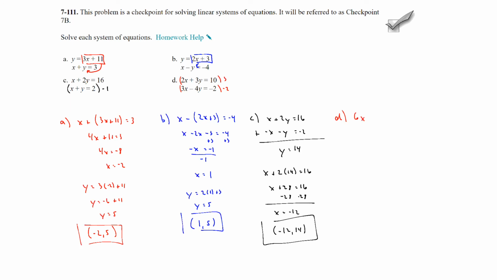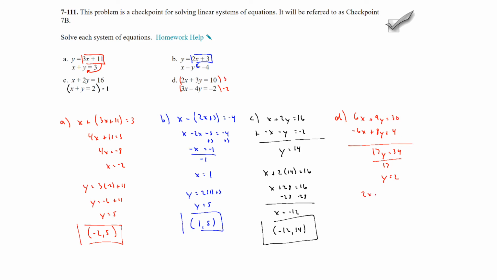We get 6x plus 9y equals 30. And then -6x plus 8y equals +4. So you can see the x's cancel. 17y is equal to 34 divided by 17. Y equals 2.